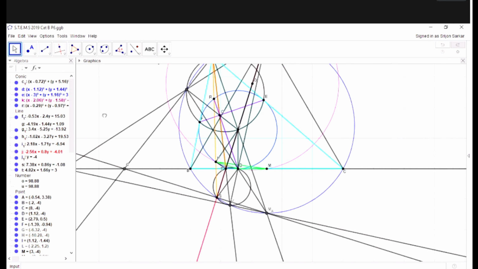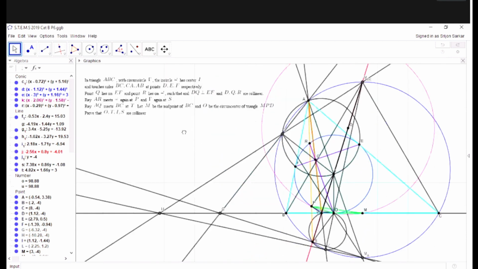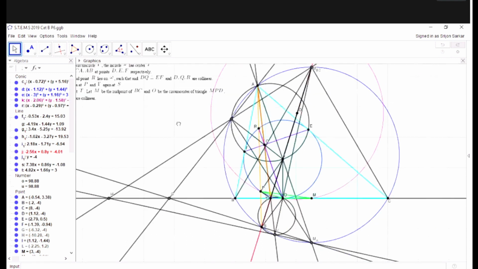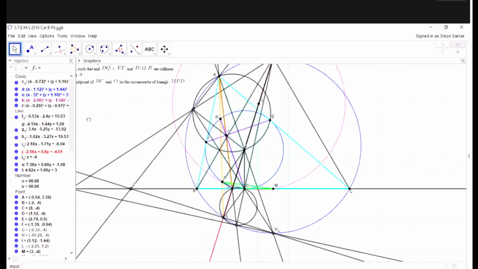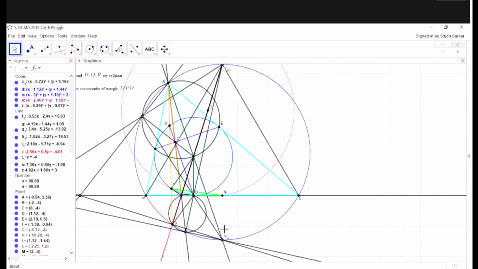Yes, right. Now note that we are given that O. What is O? O is not the circumcenter of ABC. It's the circumcenter of MPD. So let me mark the points. MPD. This small green triangle, you are not able to notice, right? So O lies on the perpendicular bisector of PD.